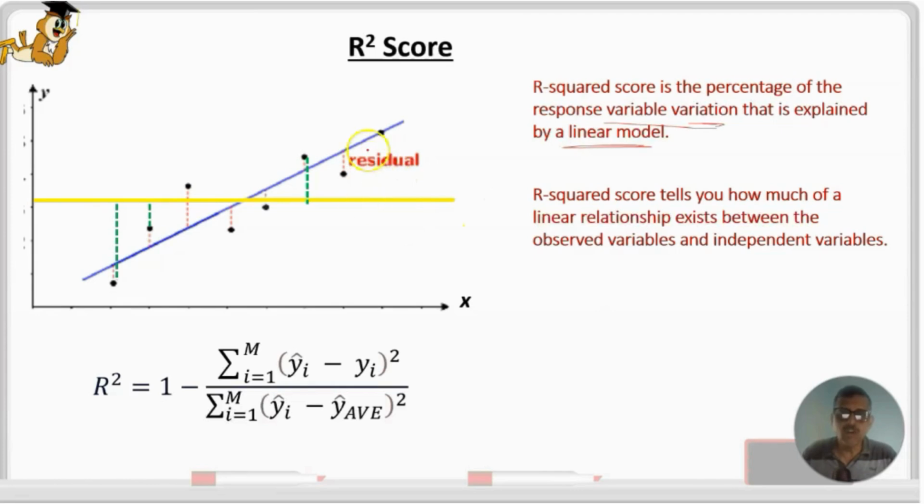So how much of a difference there is between just using an average versus using a linear regression. That is what is captured by the R square score. And finally, another way of looking at it is that assuming you run your linear regression correctly, which you will, the R square score also tells you whether a linear relationship exists at all between the observed variables and the independent variables. So that is what the R square score does for you.